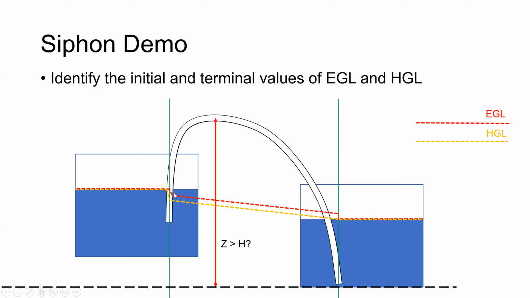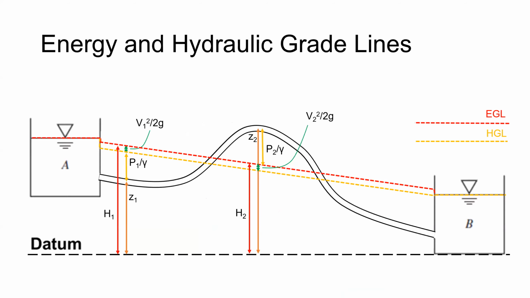If we look at the energy grade line, it's going to parallel the hydraulic grade line just a little bit higher because we do have some velocity in the pipe. So water up here at the top is going to have greater energy, at least in terms of Z, than the actual total head. So what's going on? We're not creating energy here, right? Let's take a look at this a little bit more.